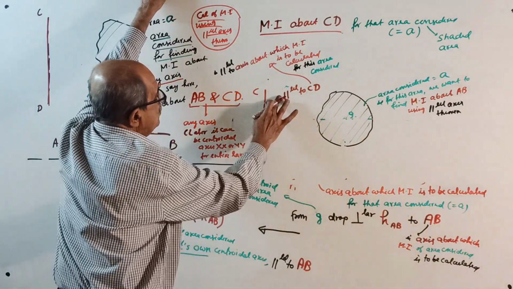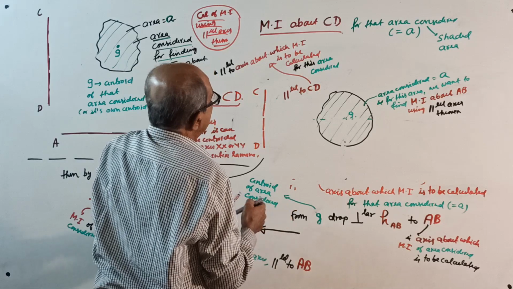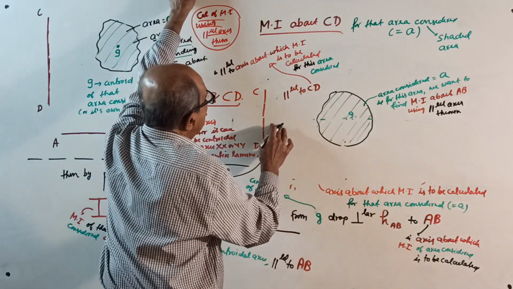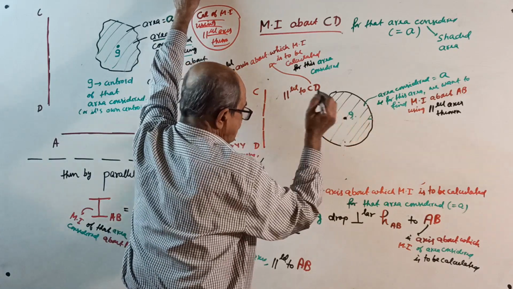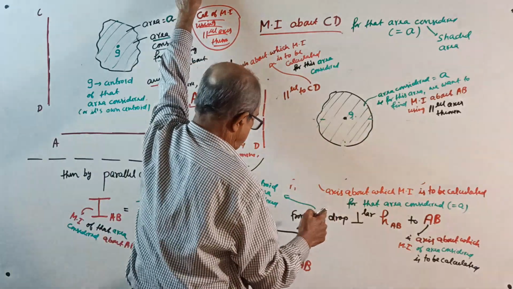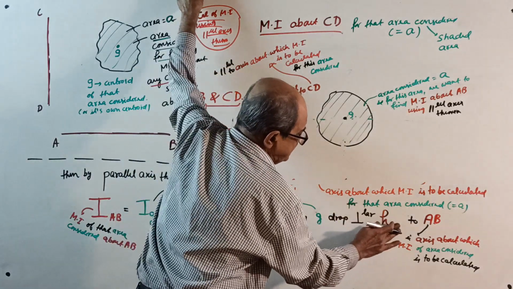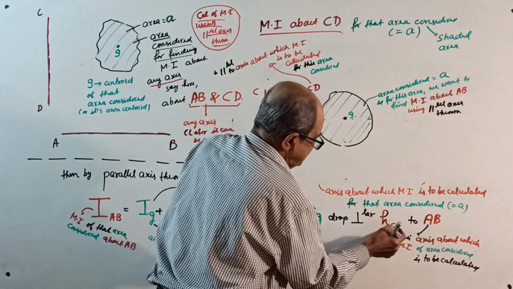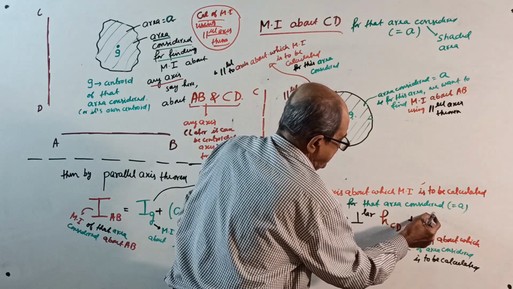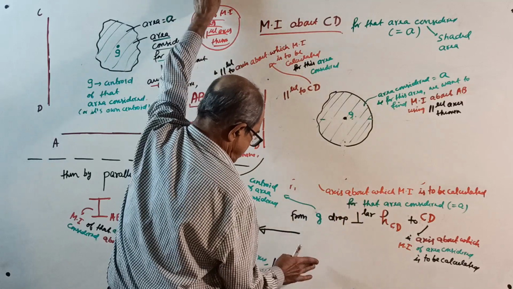Okay, now what you do is, from G, draw perpendicular H_CD to CD. That is the axis about which the moment of inertia is required, CD.